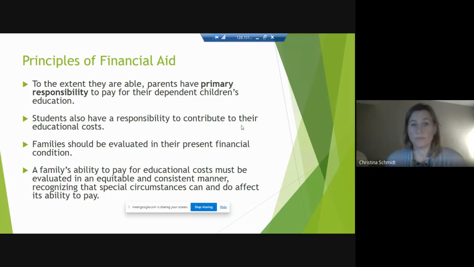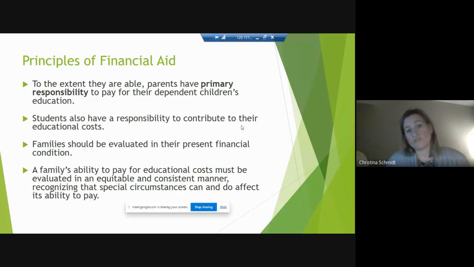It's not the responsibility of the federal government or the state or the school, but we're looking at a family's ability to pay. And when we talk about a dependent student, that would be anyone under the age of 24 in most circumstances. So we'll be using parent information on applications for the typical student through their undergraduate program.